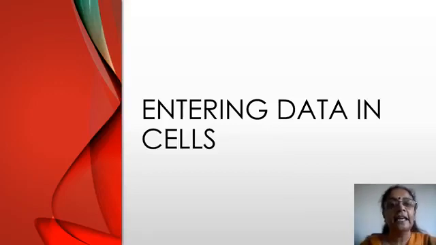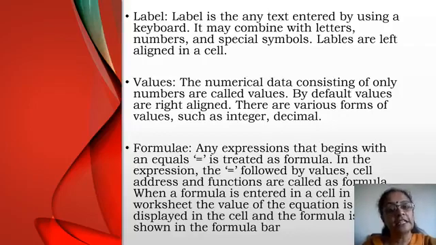Now each cell can contain different types of information. Let us look at it in detail. The first is that we can enter a label. A label means any text that is entered through the keyboard. It could be in the form of letters, numbers, symbols, special characters, whatever content we want, and it will be considered as a label.